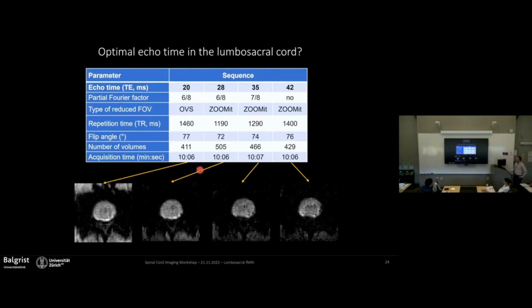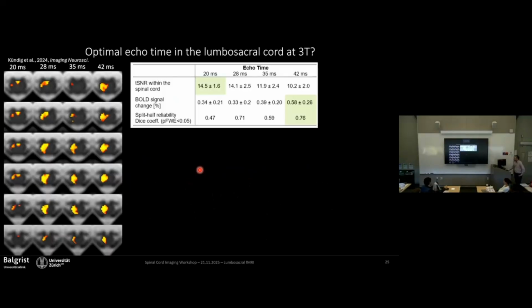We also looked at the optimal echo time in the lumbosacral region. So we repeated the motor task at 4 different echo times: 20, 28, 35, and 42 milliseconds. We did that within the same sessions. The order of the echo times was randomized across subjects. And here the picture was very, very interesting.